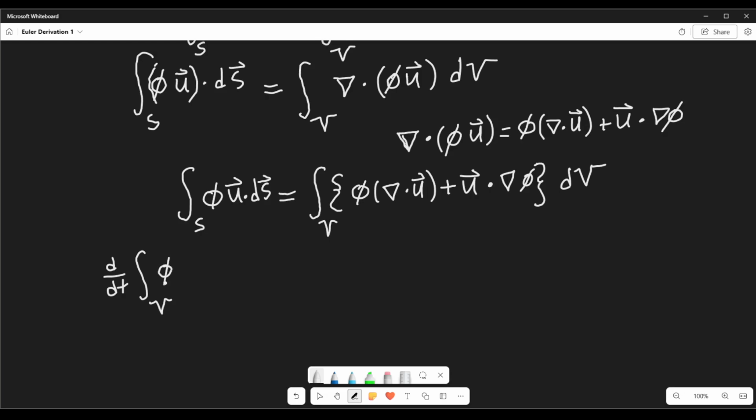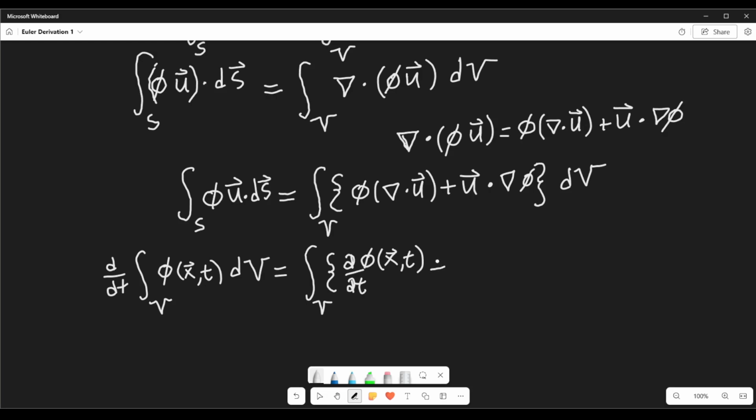and the scalar field that depends on space and time, integrated with respect to volume, equals another volume integral. But this time the time derivative is inside the integral, so this is a partial derivative just with respect to time of the scalar field that was space and time dependent.